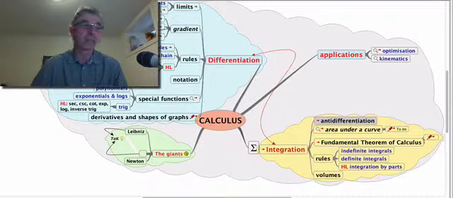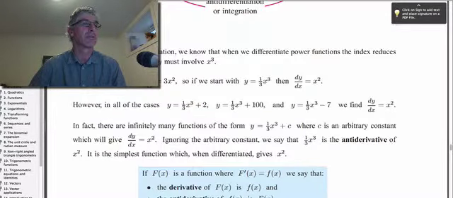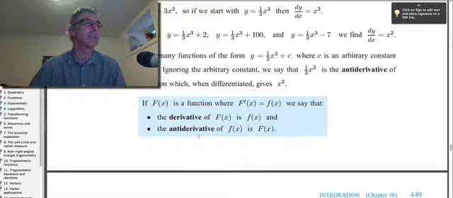And again, some notation before we go much further. We are used to writing f dashed of x for the derivative. For the antiderivative, for now, we will use the sign big F of x.